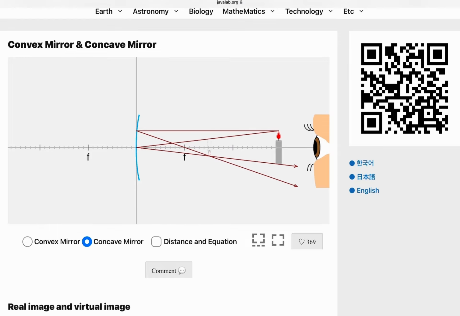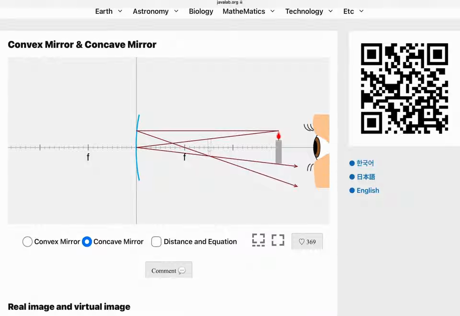Now the image is outside the center. So the image is going to be real and inverted. Magnification here, as you see, the image is smaller than the object. You see, the candle is upside down and it is smaller than the object. Here, magnification will be less than 1, and the image is real and inverted.